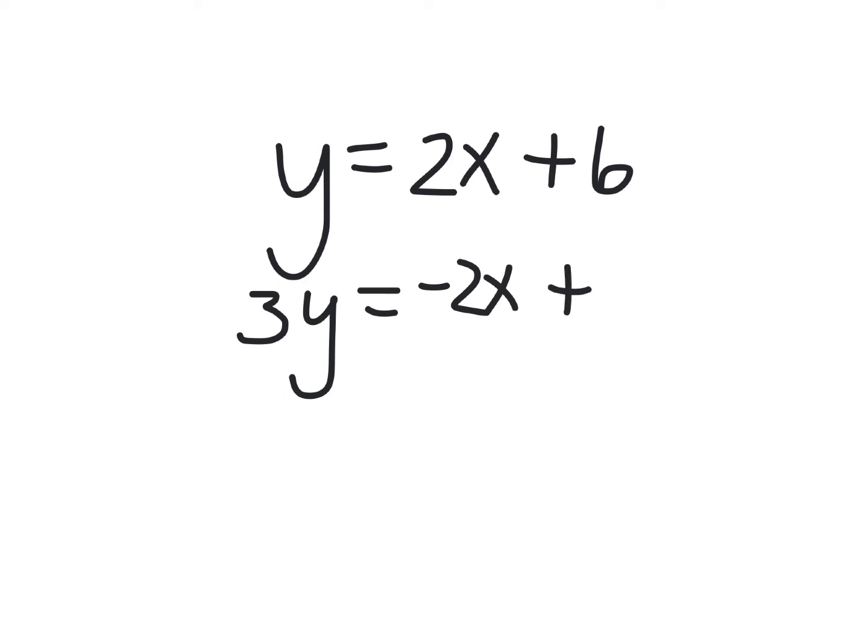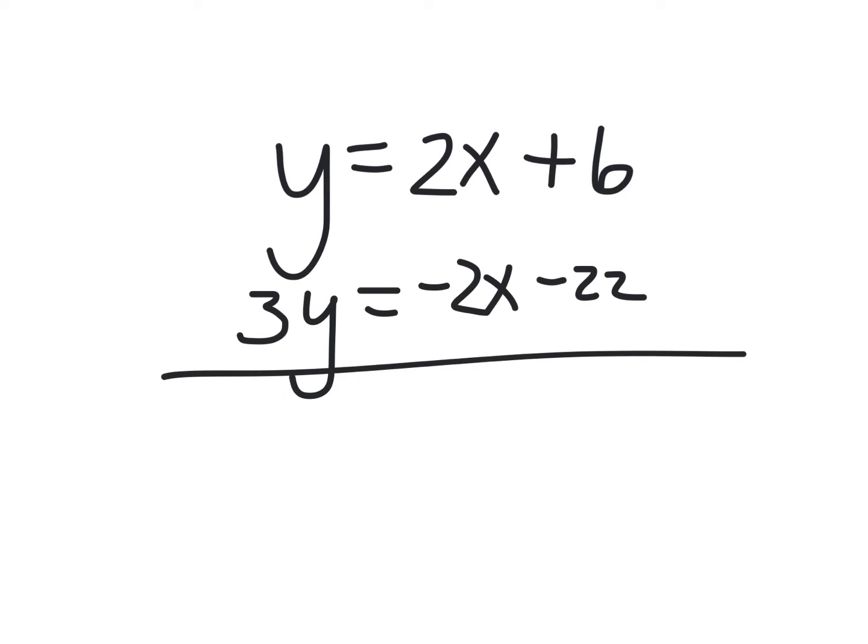Let me make sure I get this right here. If I put in a 1 and 8, 24, minus 22. Sorry, I had a wrong sign there. There, look at those two.